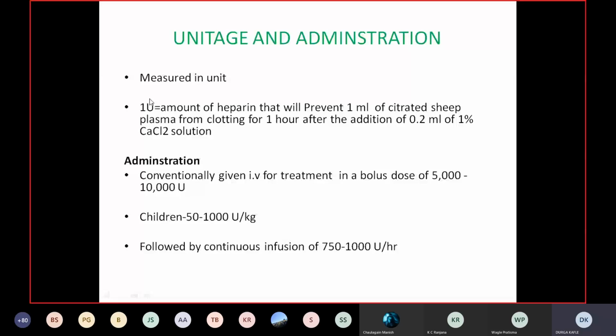If you give 1 unit of heparin, it will inhibit the clotting of 1 ml of plasma, after adding some citrate in that plasma and after the addition of 0.2 ml of 1% calcium chloride. So this 1 unit of heparin will prevent 1 ml of plasma from clotting for 1 hour. This is known as 1 unit.